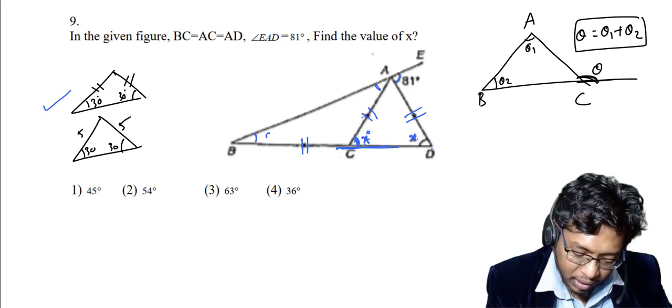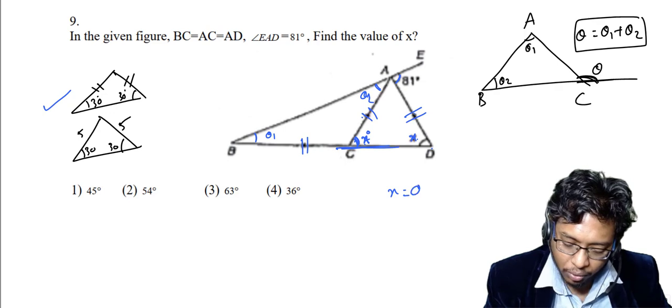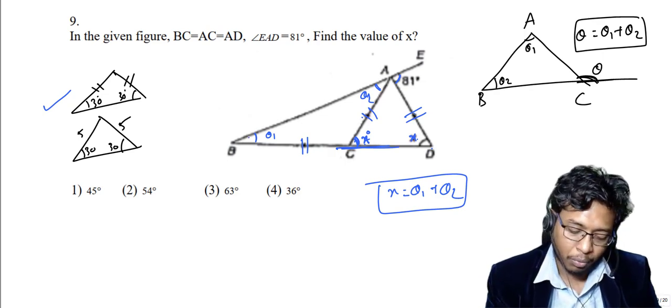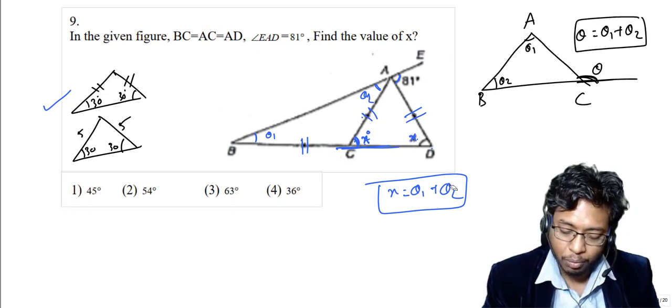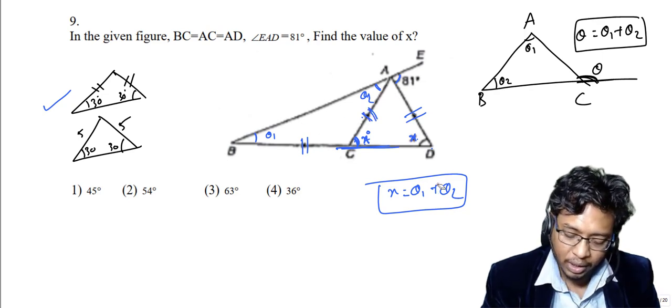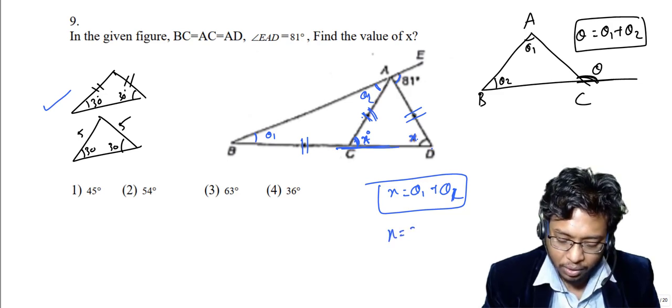So if I mark these as theta 1 plus theta 2, x will be equal to theta 1 plus theta 2. Instead of making this question complex, why should you put theta 1 and theta 2 here? Anyway, these two sides are equal, which means theta 1 will be equal to theta 2, right? So make it theta 1 itself. So x is equal to 2 theta 1.